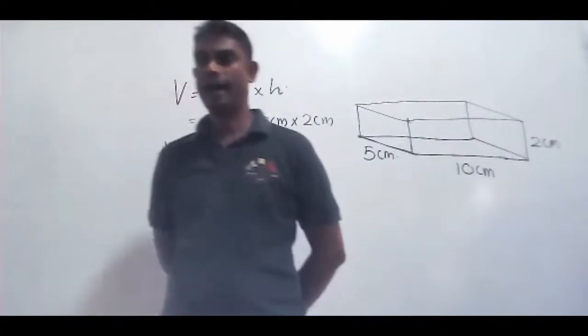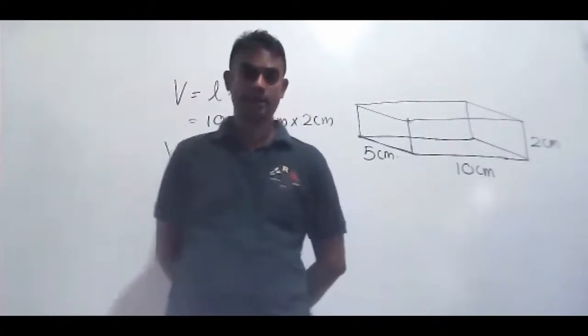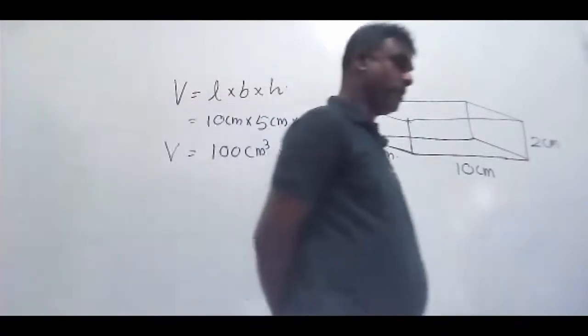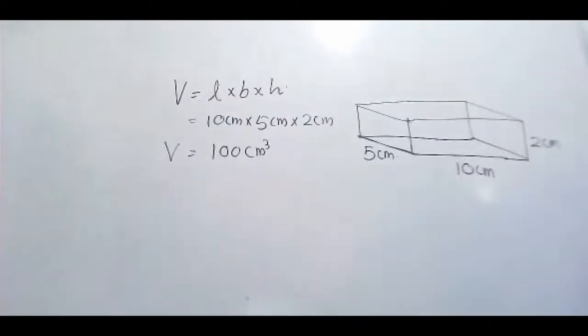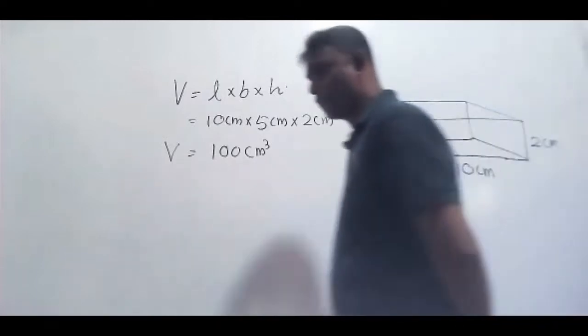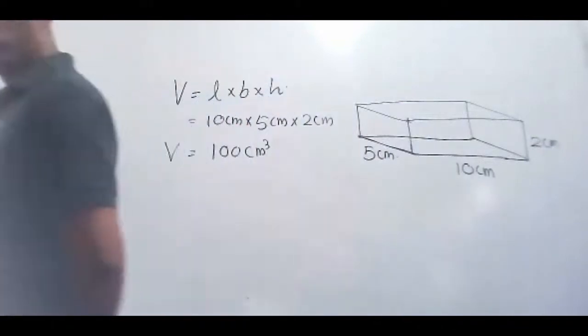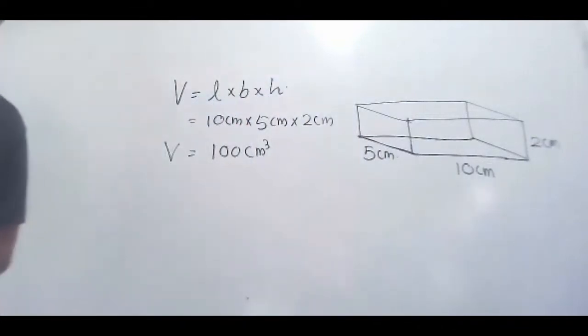The area is 150 square centimeters. Volume is 450 cubic centimeters. Now you want to calculate the height.